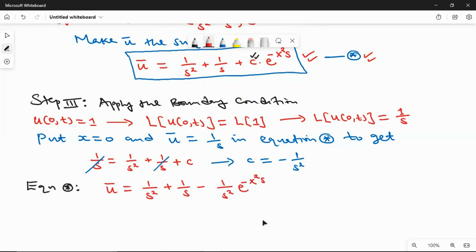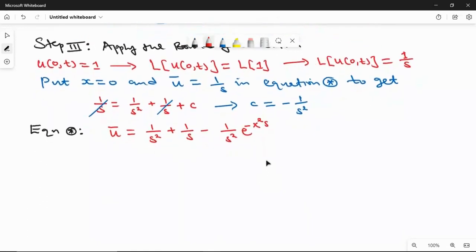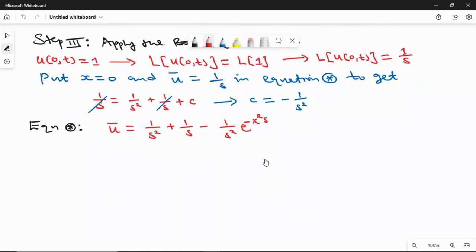And so the last step is to find your solution, u of x, t. So we'll write here step 4. Of course, this is what you're going to operate on. So this will give us our u of x, t.